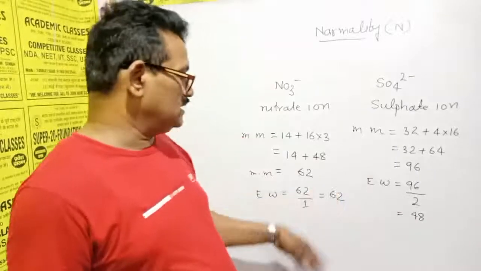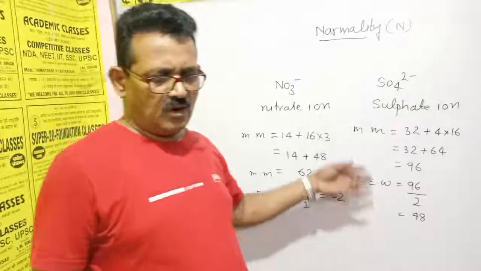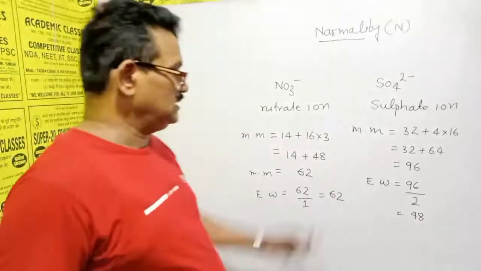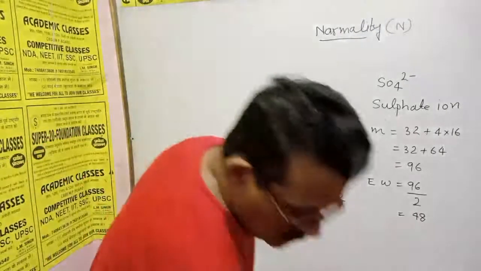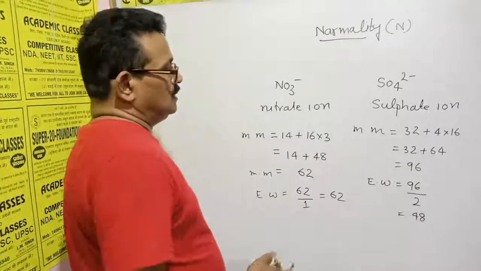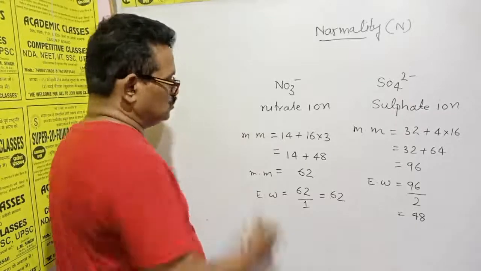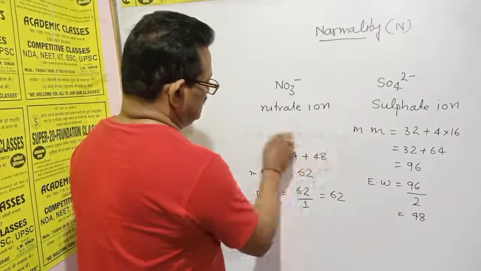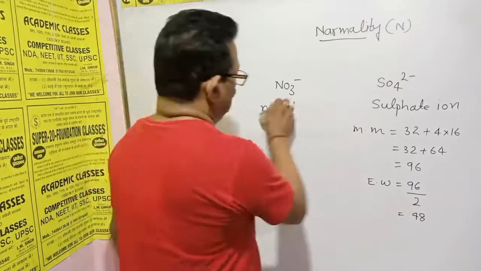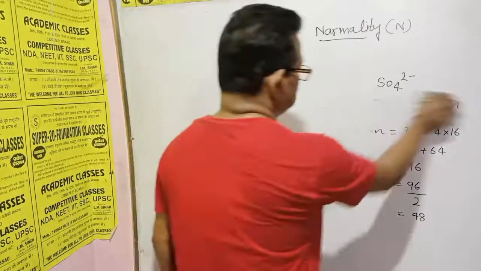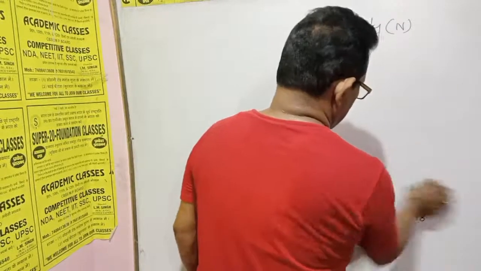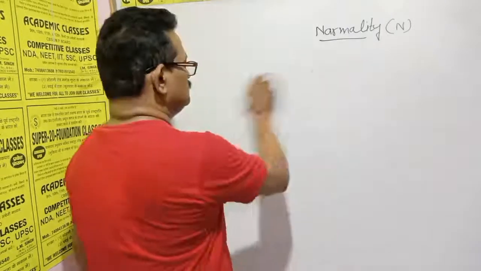I gave four examples of how to calculate the molar mass, and I give another example of how to calculate the equivalent mass. Students, see seriously here. I give the next example.